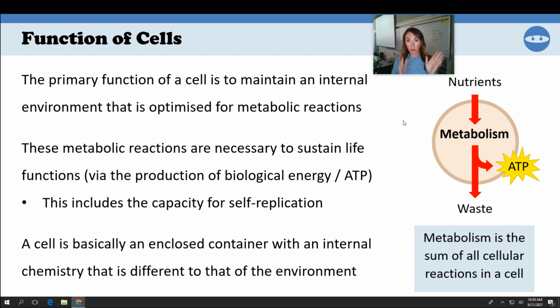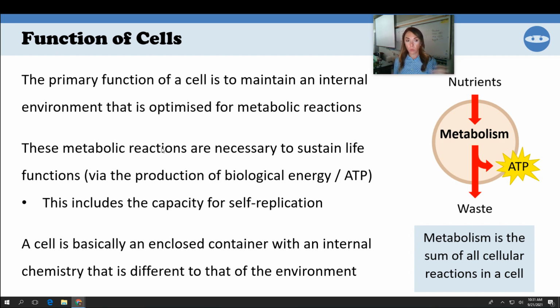The primary function of cells is to create this internal environment that reacts to the outside world so that it maintains the same inside. So for instance, if it gets too hot outside, our body's function is to cool us down. If it's too hot inside our body, like a fever, its function is to fight against it. Water in, water out, energy in, energy out. We are to maintain an internal environment that is separate from the environment around us.